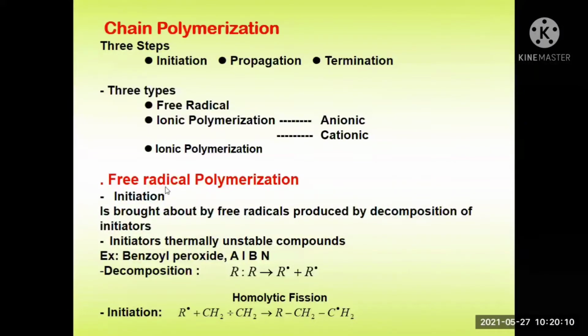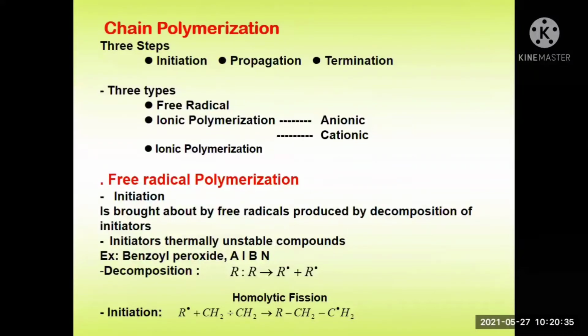So here we go, free radical polymerization. The first step is initiation. Initiation is the step where free radical is generated. As you already know, free radical can be generated at high temperature and high pressure, and they can be assisted by the presence of free radical generators.